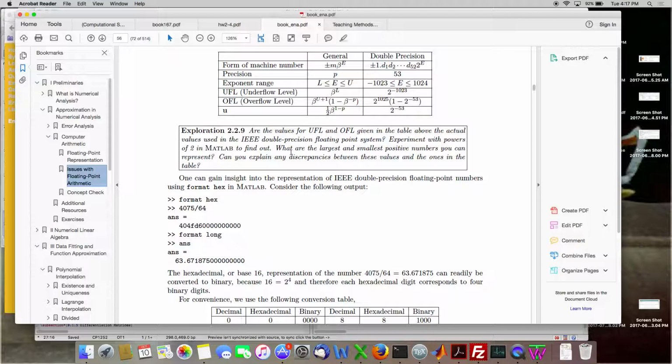Oh, okay. All right. Okay, in terms of you have a smallest exponent, largest exponent, and also the precision.